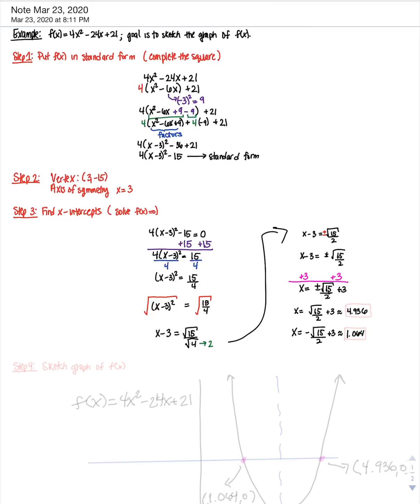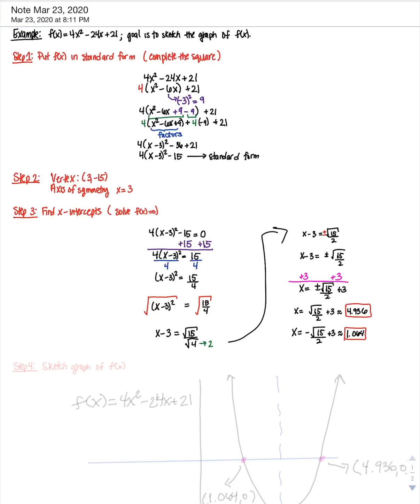So we have our 2 x-intercepts, 1.064 and 4.936.